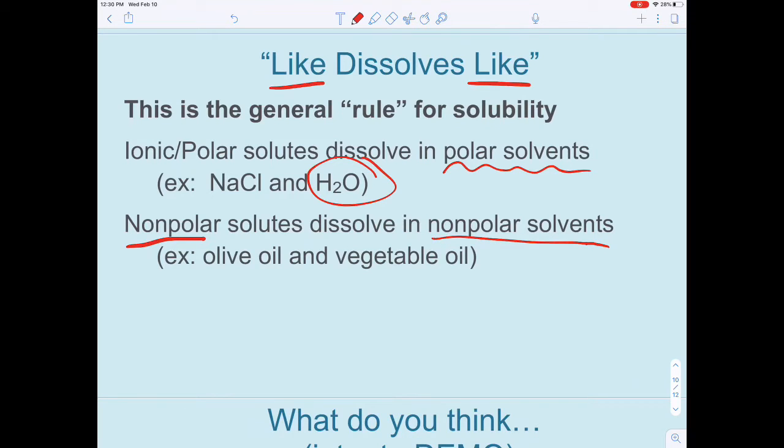So oils will mix together. They dissolve in one another. Right? So I have a jar of different oils that I reuse after I cook. So I've got olive oil, bacon fat, and I just reuse these oils and they all just mix together. And because they're both nonpolar, then they do dissolve in one another.